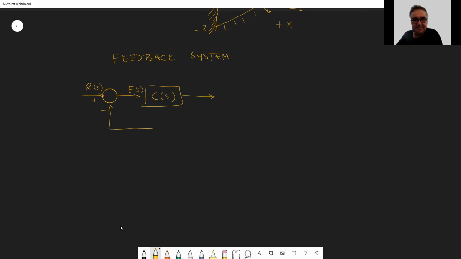Now, this generates the controller output. There are also, I will introduce this here, disturbances to the system. I will give you examples about this. Then there is the plant you want to control, G(s).